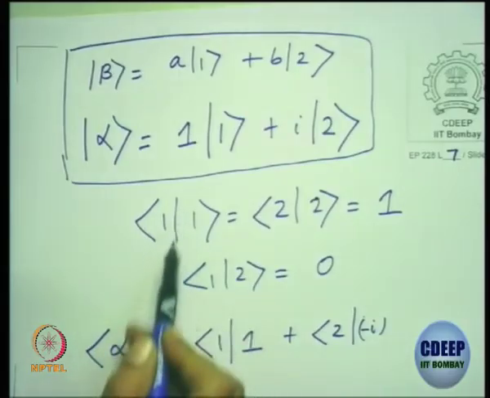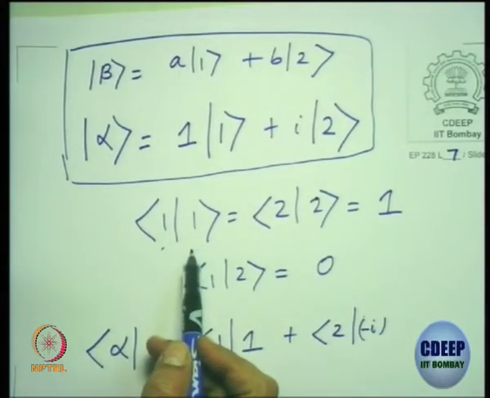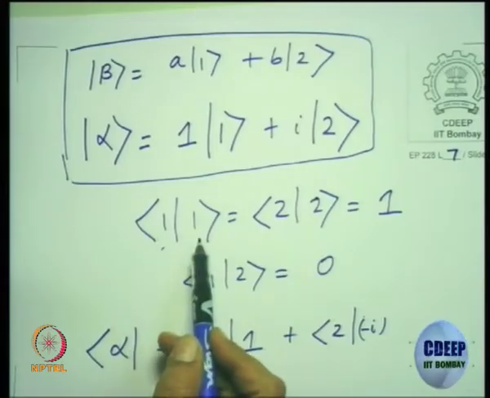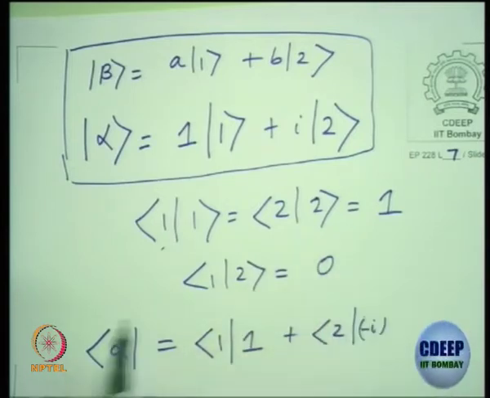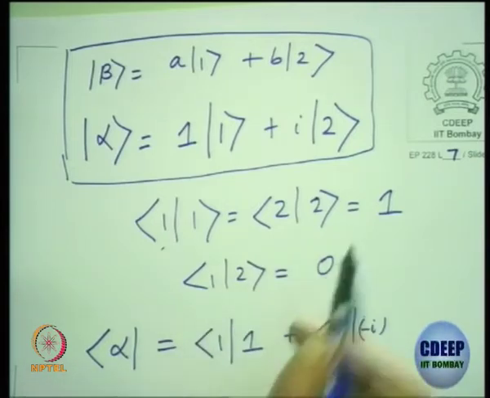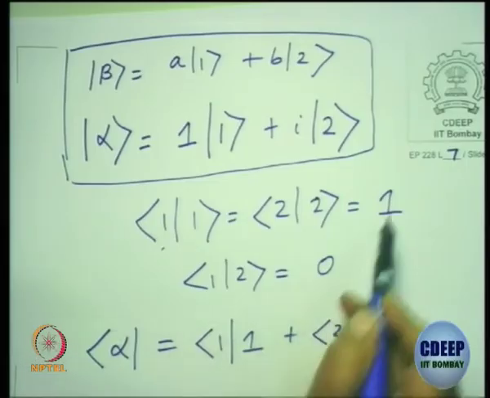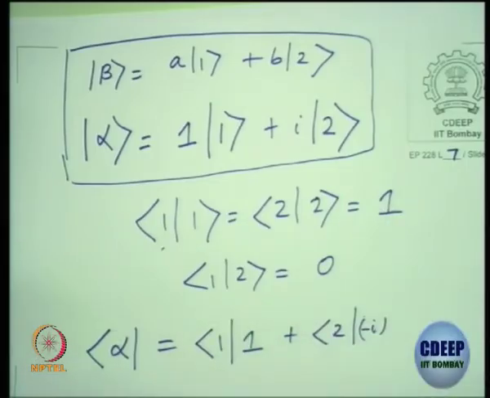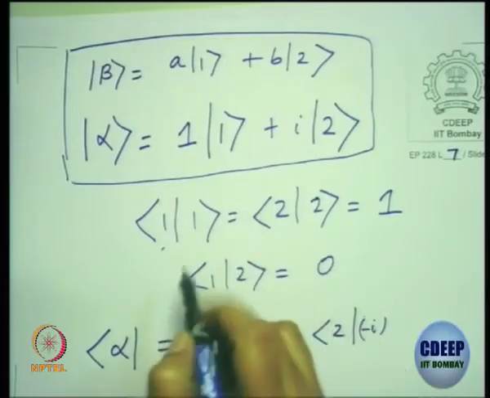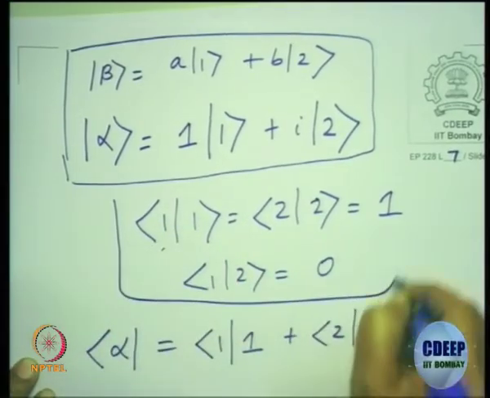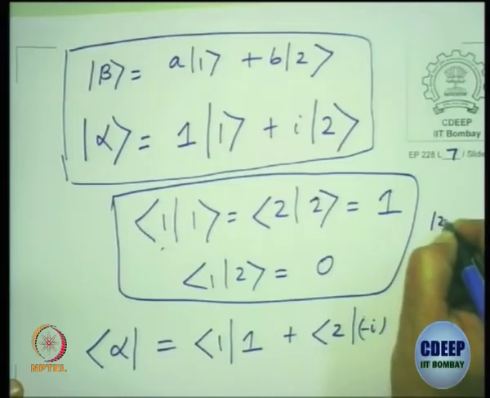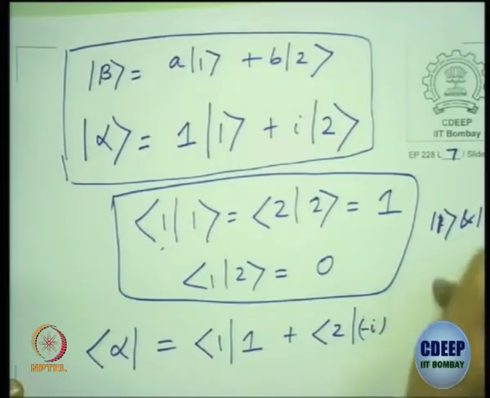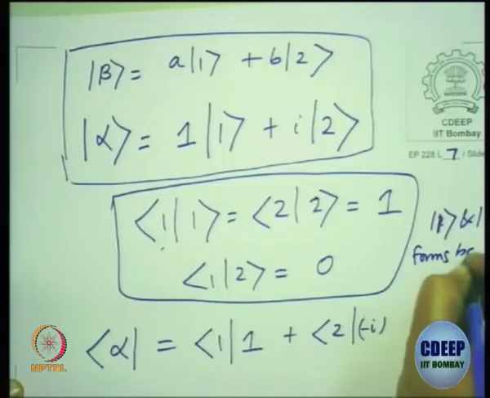And we have also written a condition that ⟨1|1⟩, ⟨2|2⟩ is 1, and ⟨1|2⟩ is 0, not identity, it's a scalar. So what is this condition? It's a basis set. |1⟩ and |2⟩ form a basis set.